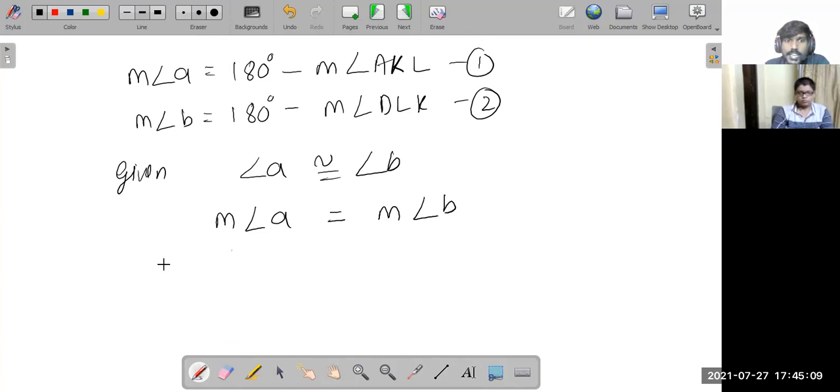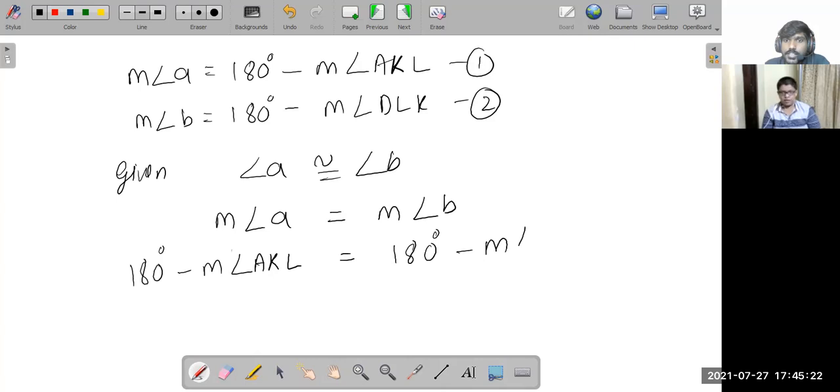But what is measure angle A? It is 180 degree minus measure angle AKL. And what is angle B? 180 degree minus measure angle DLK. Correct? Now what is getting cancelled? 180 degree cancelled.